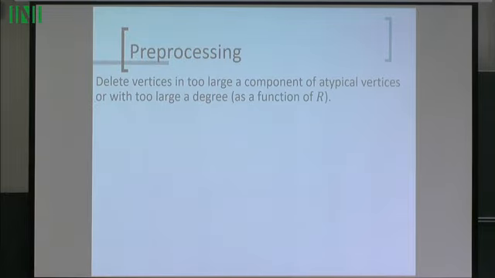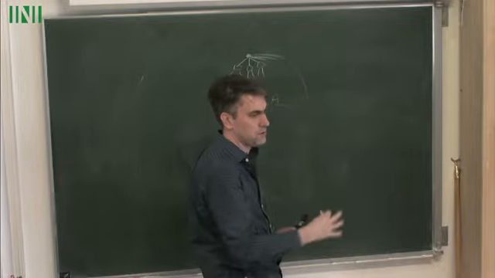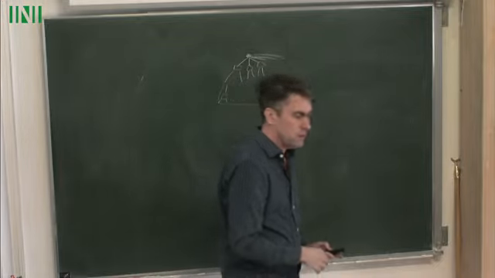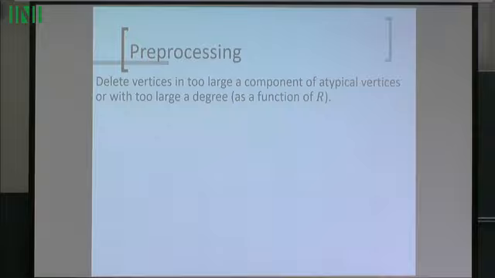But we can't make these enclosures too big. Sometimes in the graph you could find a really long string of high degree vertices. If that happens, then those ones we're just going to completely delete.